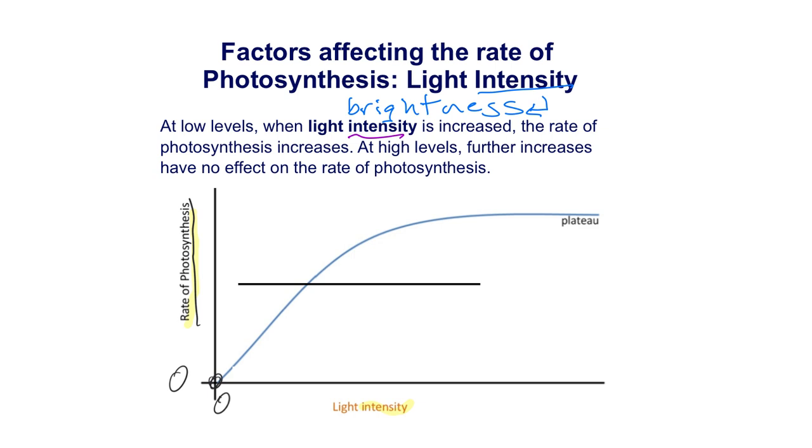And as you increase the light intensity, you hit a certain point where the rate levels off. Okay? It plateaus off. So obviously the amount of light a plant gets is directly related to how much photosynthesis it can do to a certain point.